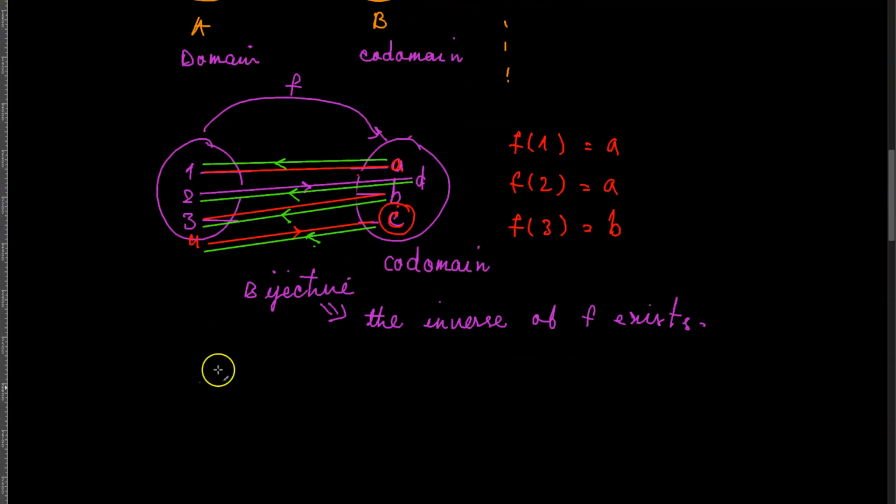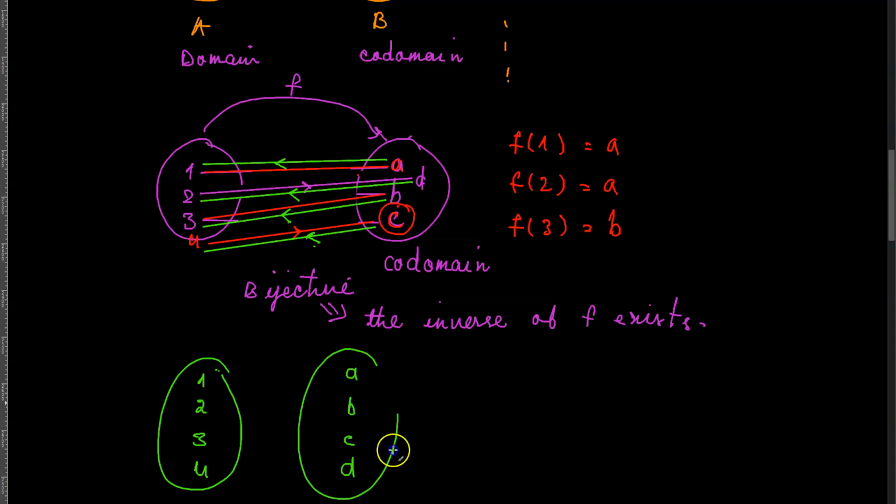But suppose that the function is, for example, something like this: 1, 2, 3, 4, and then I have a, b, c, and d over here. Now, suppose that the image of 1 is a, the image of 2 is a, the image of 3 is b, the image of 4 is c, right?